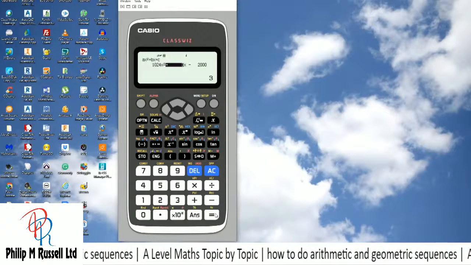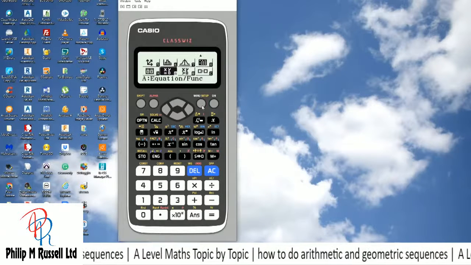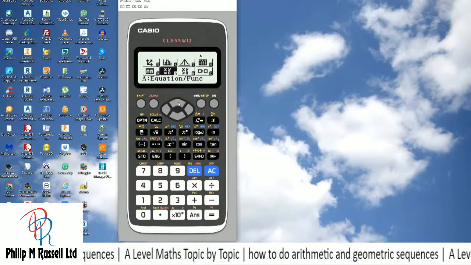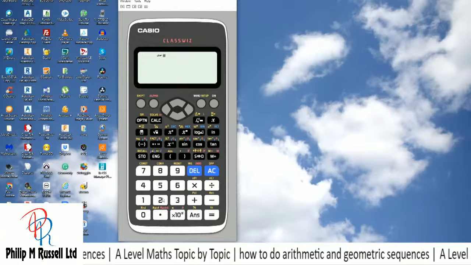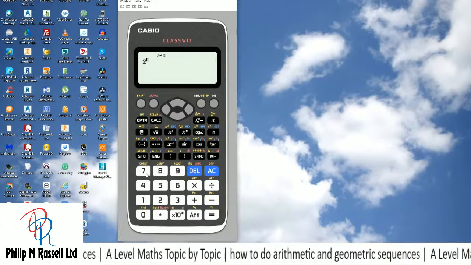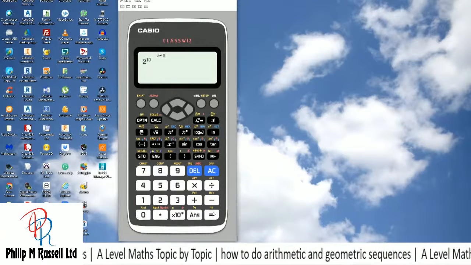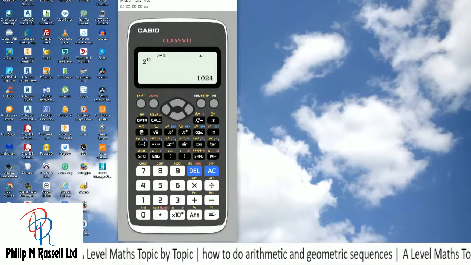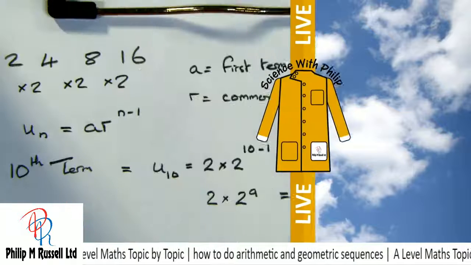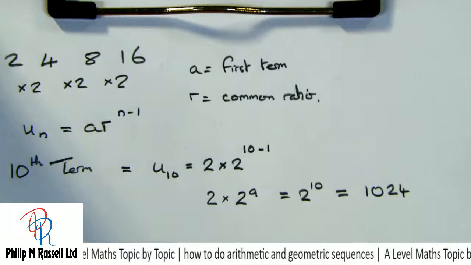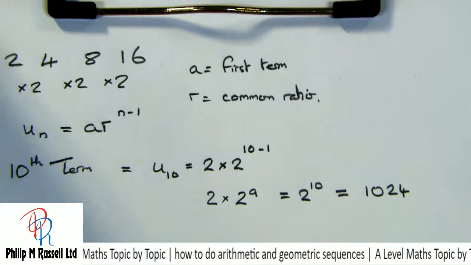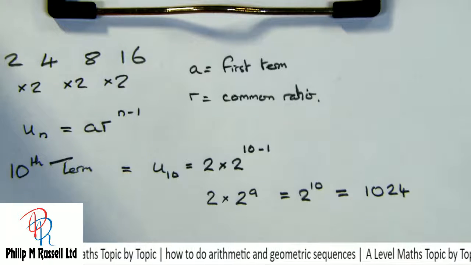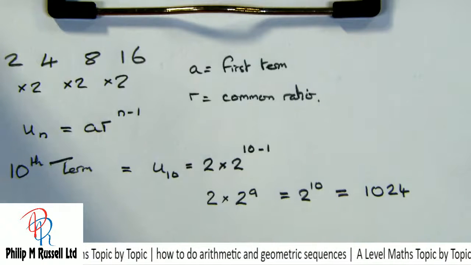Wrong menu. 2 to the power of 10, there we are. And I worked it out. I could have told you what that was anyway, but we might as well just do it simply.